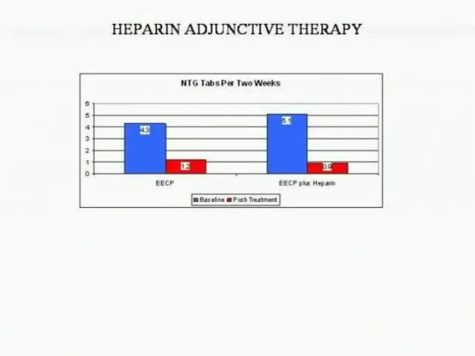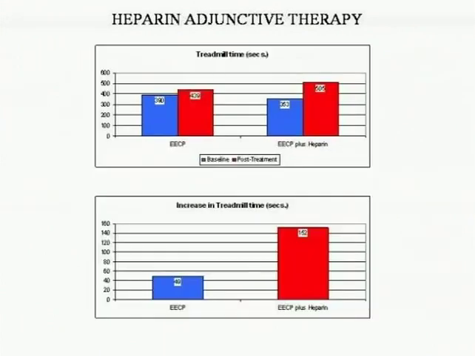Number of nitroglycerin tabs needed every 2 weeks fell from 4.3 to 1.2 with standard ECP. They did a little bit better, 5.1 to 0.9 with ECP plus heparin. Treadmill time improved in both groups, but it improved more in ECP with heparin, 152 seconds versus 49 seconds. That is a big difference.